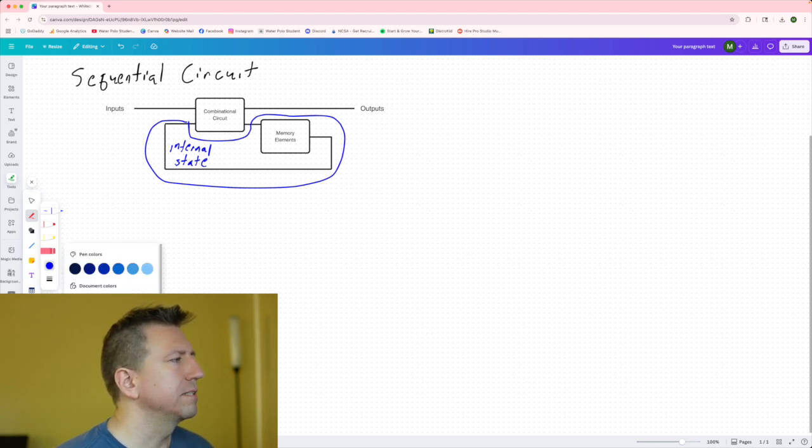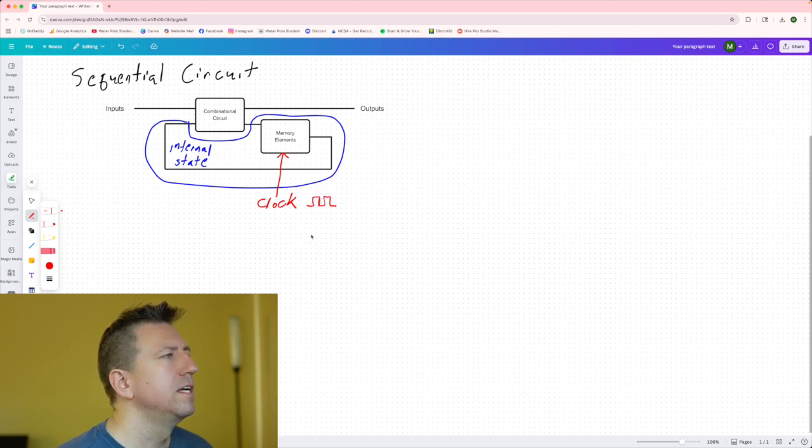There's one more piece that we talked about, is that it changes synchronously in a synchronous sequential circuit. And so for these memory elements, we have an input called a clock. And that clock is typically a square wave digital signal, and that'll tell us when we can change our state. Okay, so that's what we're looking at for those there.